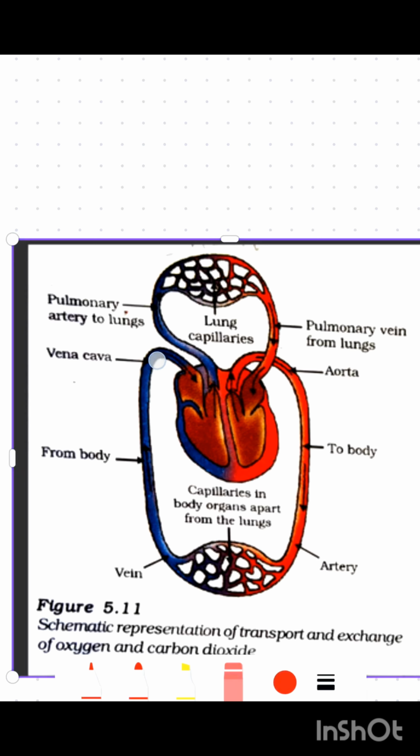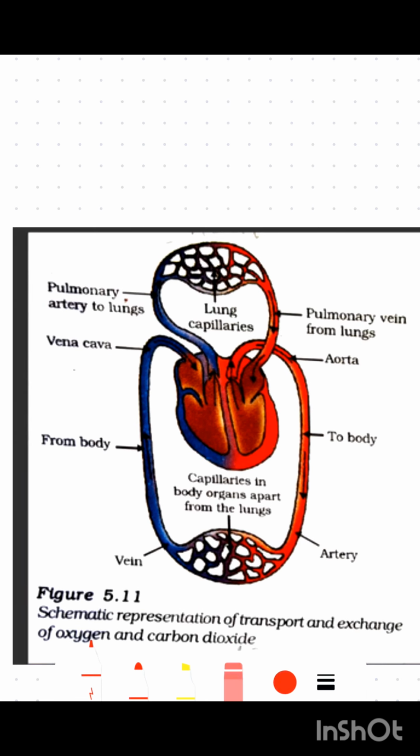How? The blood from the vena cava, from various parts of the body, has come to the right atrium, then the right ventricle, then towards the lungs through the pulmonary artery. Here the lungs will purify the deoxygenated blood into oxygenated blood.